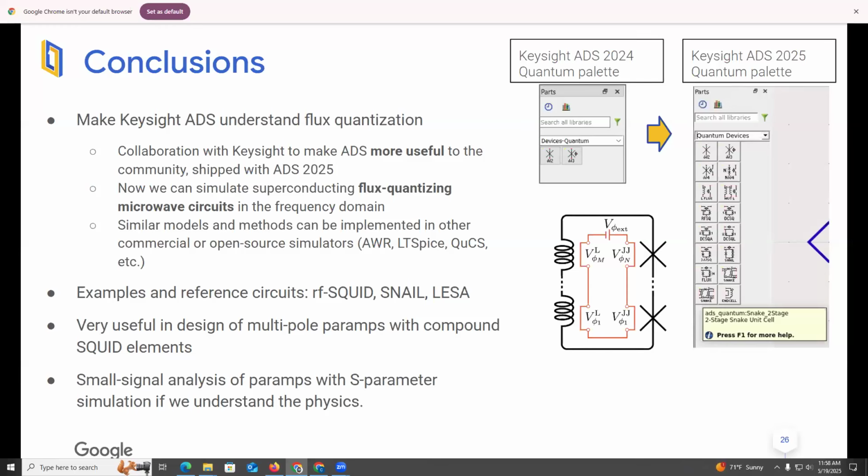Final question: how are these methods comparable to EM solvers like ANSYS? So we are not solving for the geometry and the distribution of the fields in a particular piece of metal. We are abstracting metals to lumped circuit elements, even distributed circuit elements, it doesn't matter.